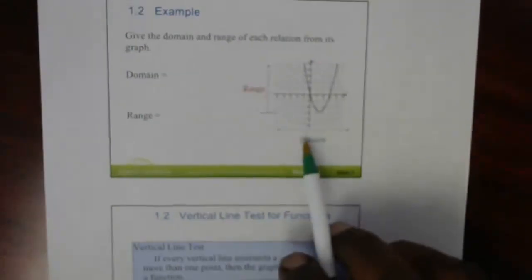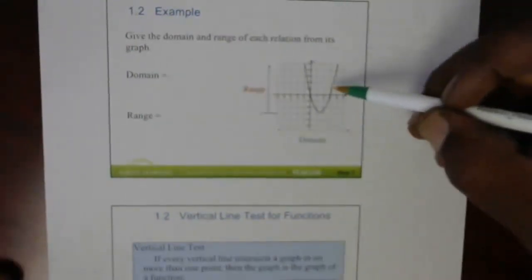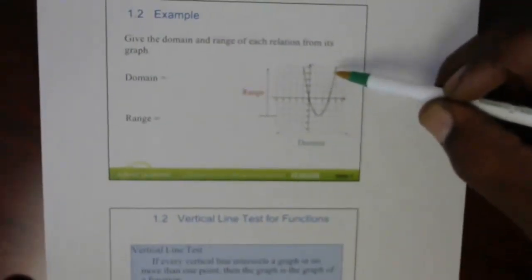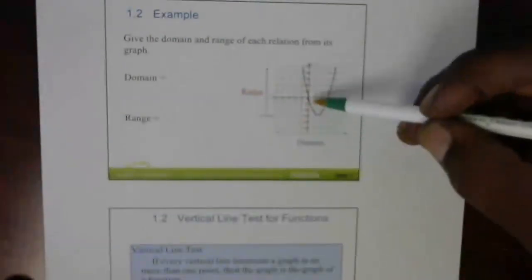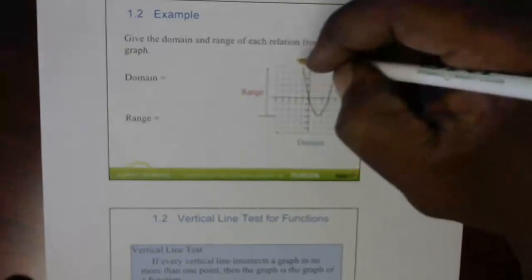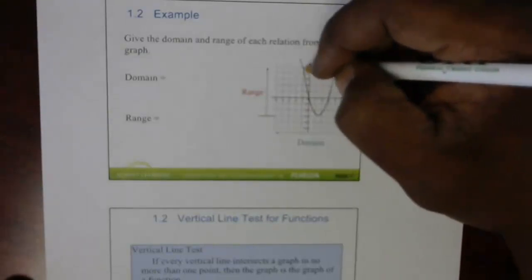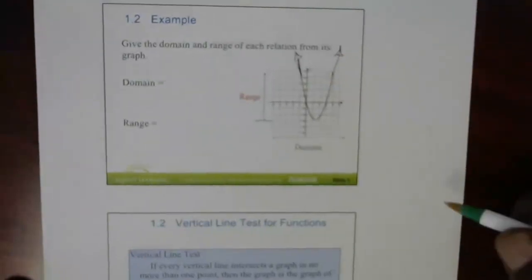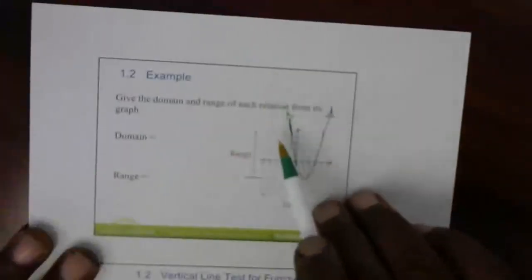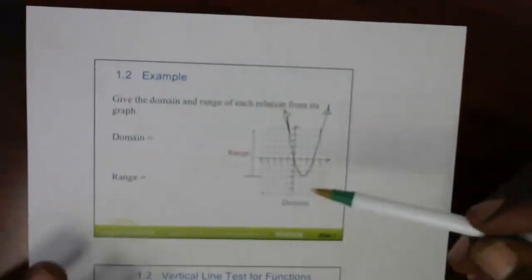So our domain. Now, this graph, even though it appears to stop, actually keeps extending forever upward. This graph keeps on spreading out, making that U shape.